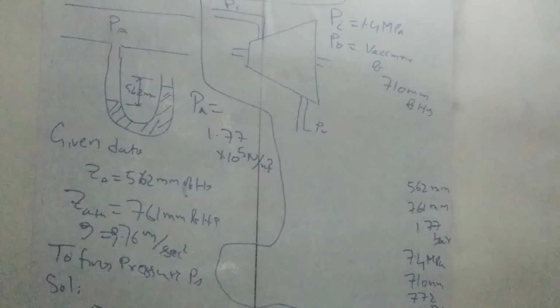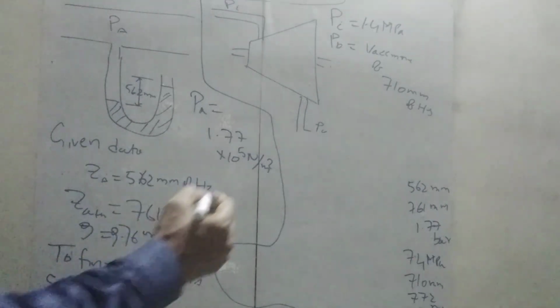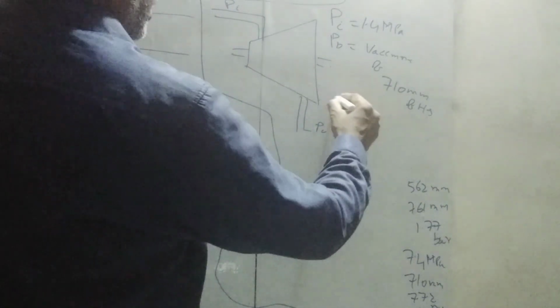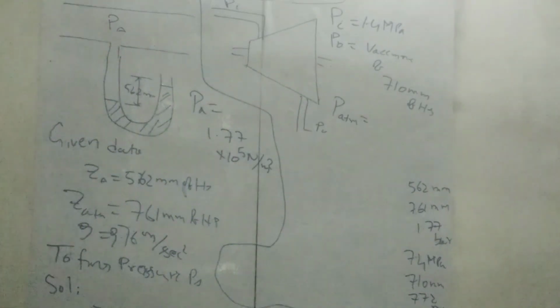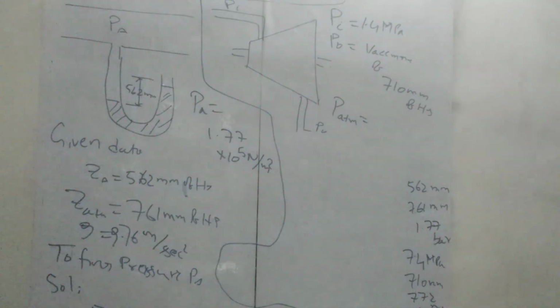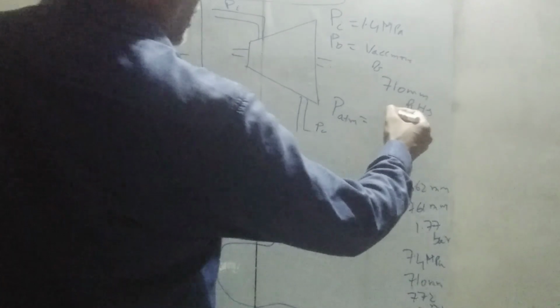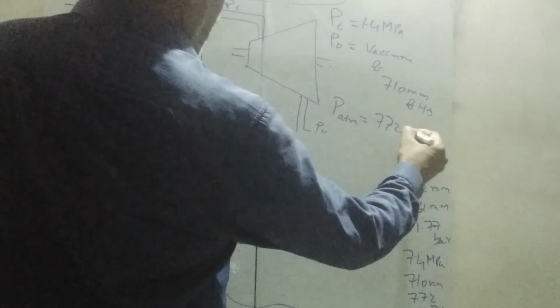Now we have to determine the absolute pressure at inlet and absolute pressure at outlet. Now the atmospheric pressure ATM is equal to 772 mm of Hg.